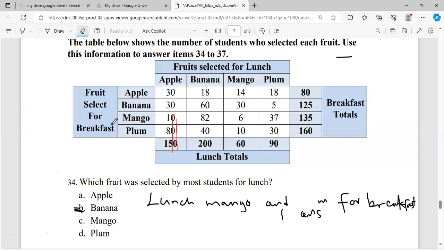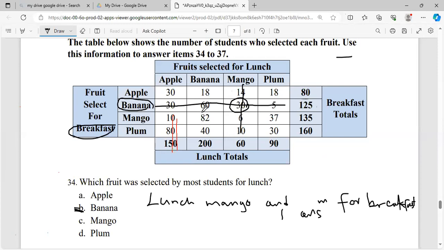So it'd be banana, 30. The answer has to be in this row. But what's the other one they asked you for? Mango, yeah. So you go mango like this. It's where the lines intersect. It would be 30. Very good.